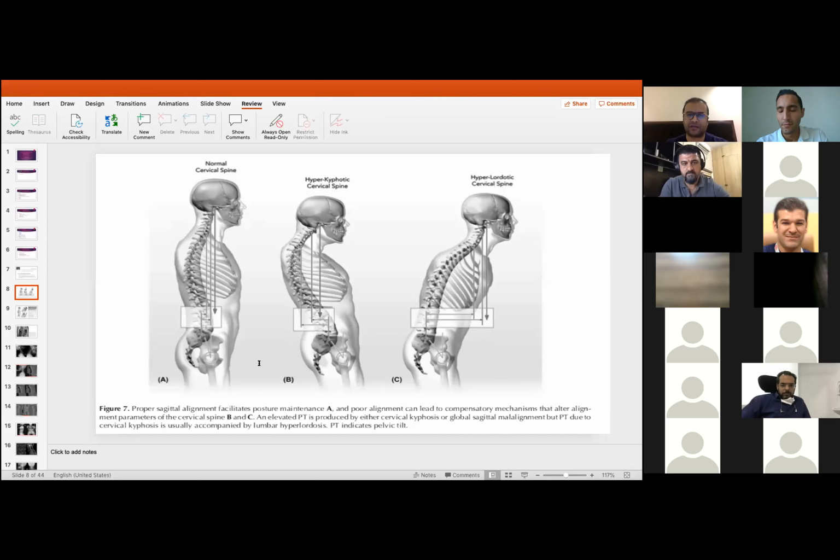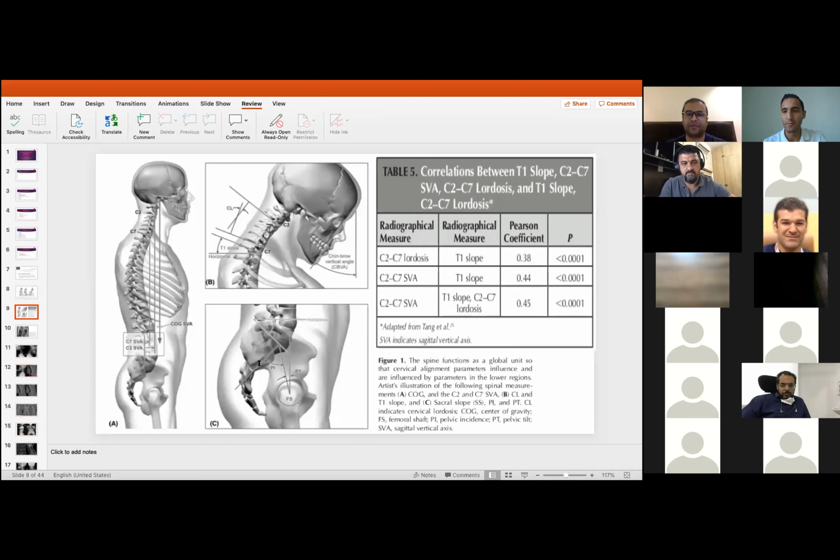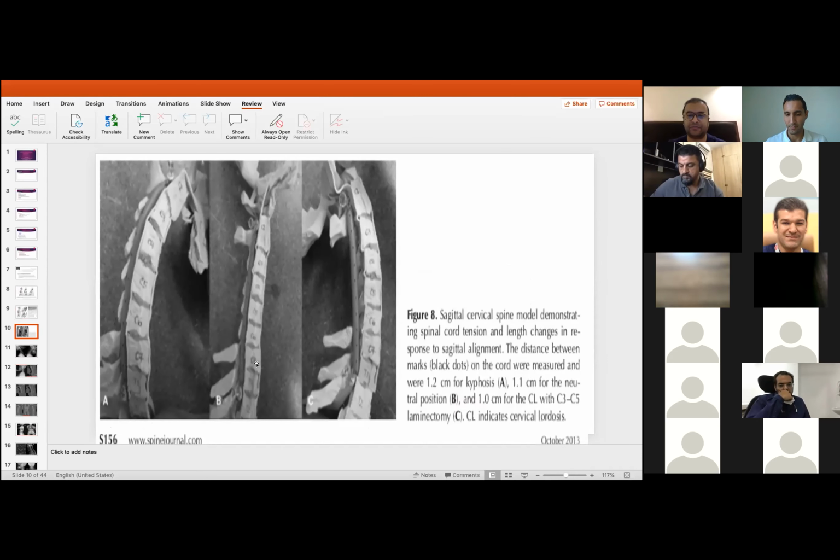I'm not going to spend a lot of time talking about this paper, but just to give you the hints of that paper, the bottom line is there is some significant statistical and clinical correlation between C2 to C7 lordosis, SVA, as well as the T1 slope, which is a very important measure you have to take when doing the cervical spine, because that will dictate some element of the alignment.